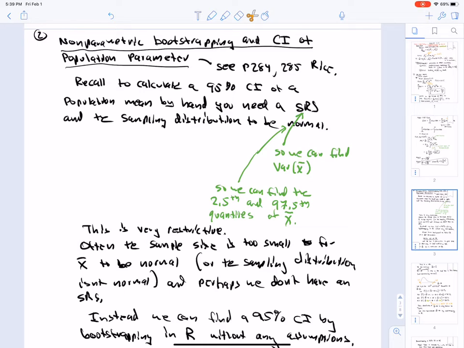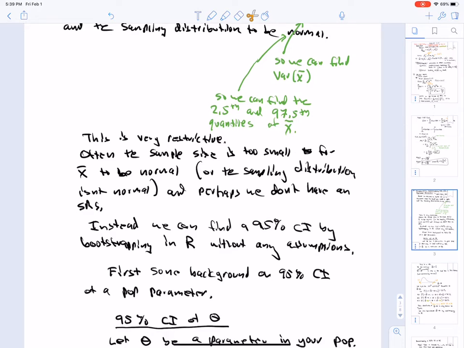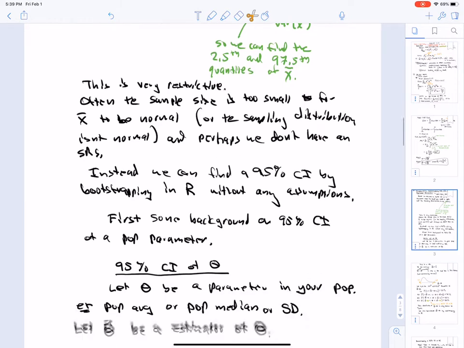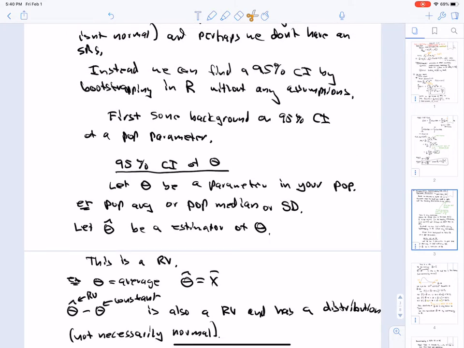Those are requirements to do the sampling distribution the way that we did it in Chapter 7, say for a population mean. So I'm going to show you a way to do it just computationally, which will remove any such restrictions. So, but first let's derive a formula for what a 95% CI is.